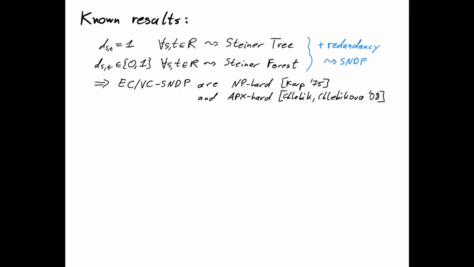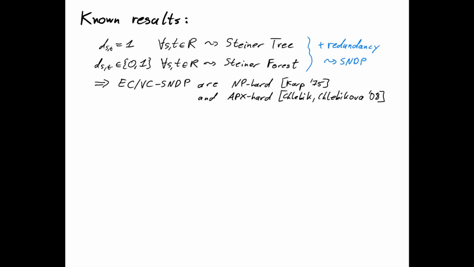All right, so what is known about these problems? First of all, a simple observation is that if all the demands are 1, then this is just the Steiner tree problem, while if the demands are either 0 or 1, then this is the Steiner forest problem. So in particular, you can see SNDP as a version of these maybe better known problems with a redundancy constraint, right?